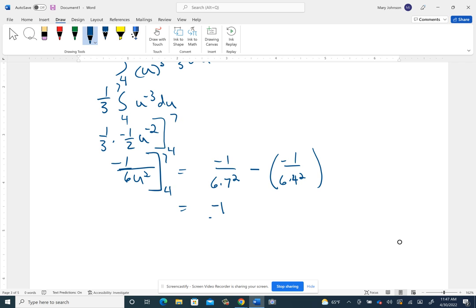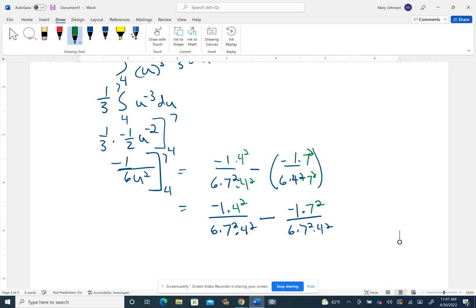So I knew my common denominator would need to have a 6, a 7 squared, and a 4 squared on these. Okay, so that meant I would need to multiply here by 4 squared and multiply here by 7 squared. Okay, so I'll get -1 times 4 squared here. And over here I have -1 times 7 squared.